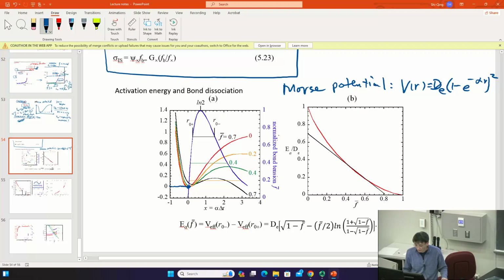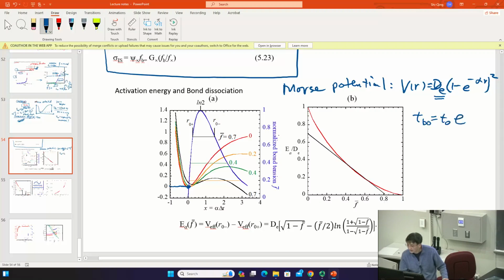And to dissociate, to break, means you have to stretch until the corresponding energy is dE to break it.